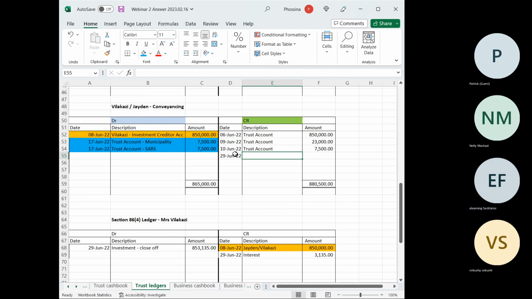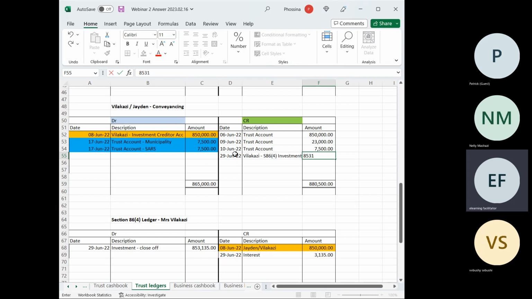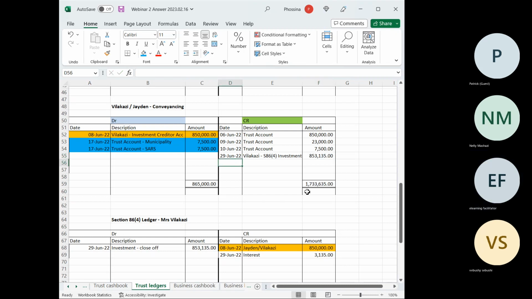So section 86.4 investment. So we are closing it off. We are transferring back into the trust account so that it becomes a trust creditor, just like that.